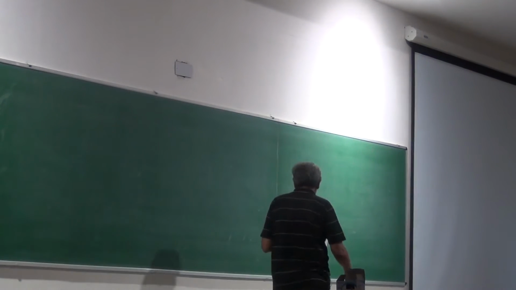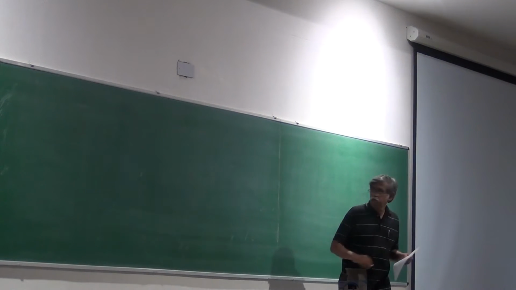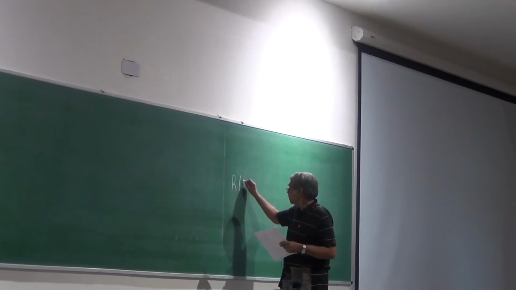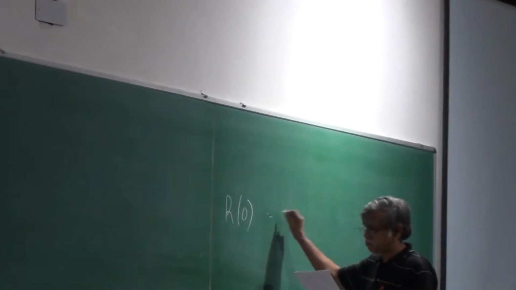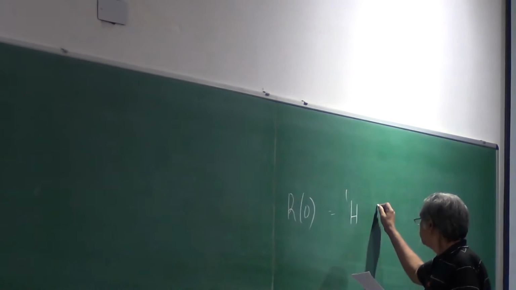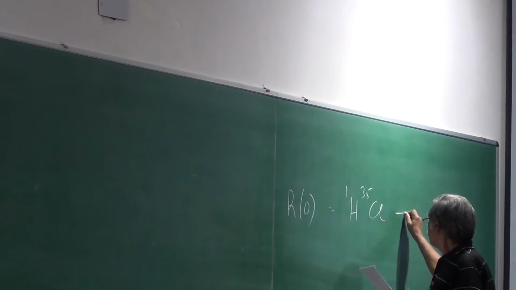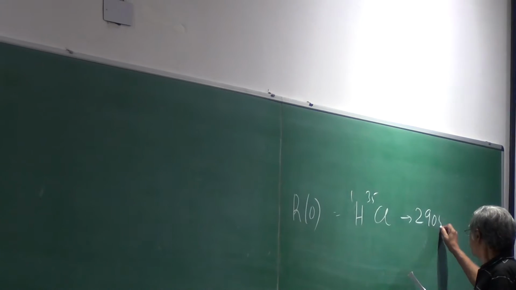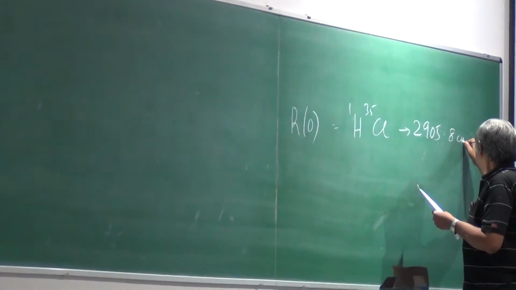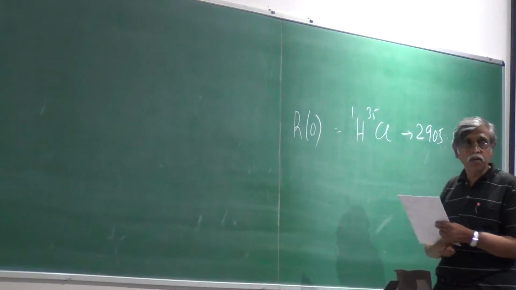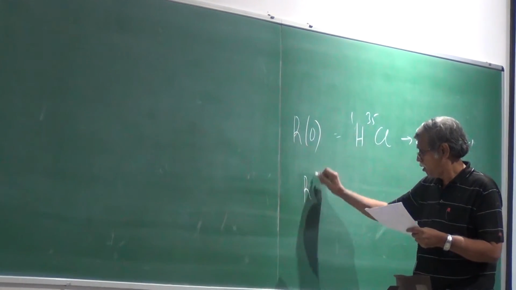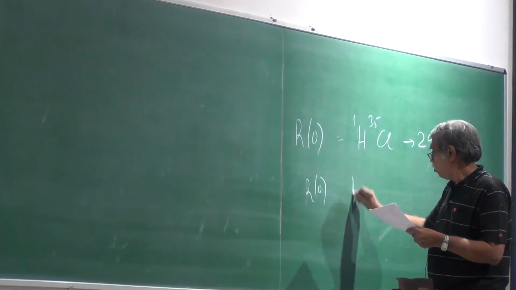The first problem, which I already did the other day, was the R0 line. I said it is HCl. And then I asked you to calculate the position of the R0 line.